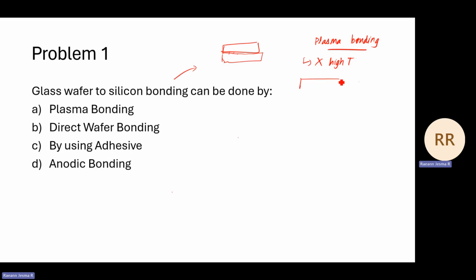Let's say I have two wafers which I want to bond together. If those two materials expand differently under temperature, then after bonding, when I go back to room temperature, they will contract at different rates, so the bonding will come off.